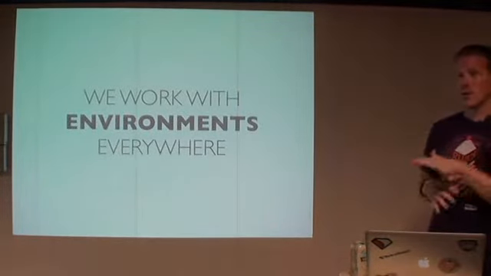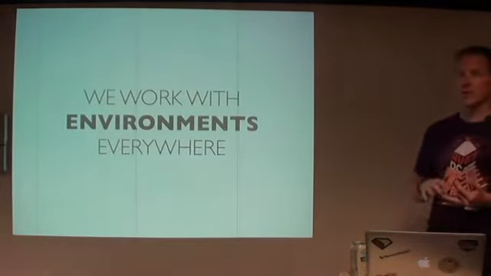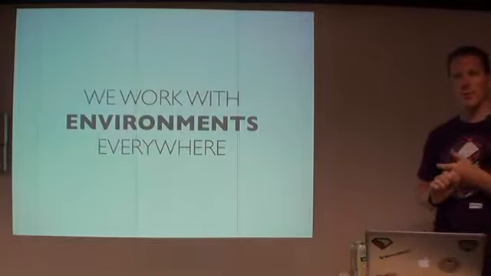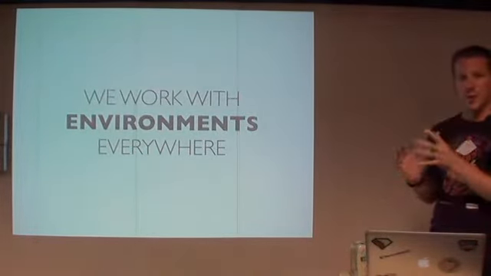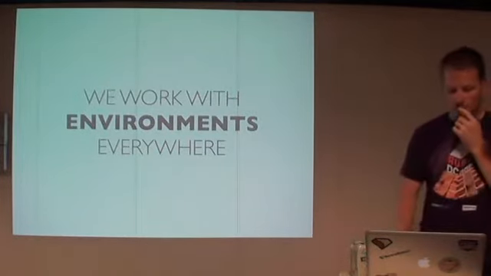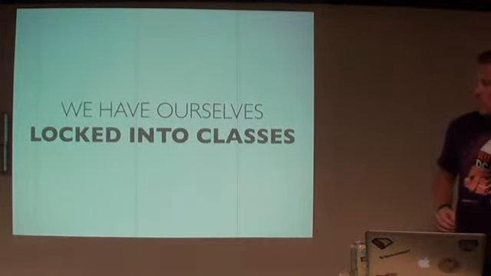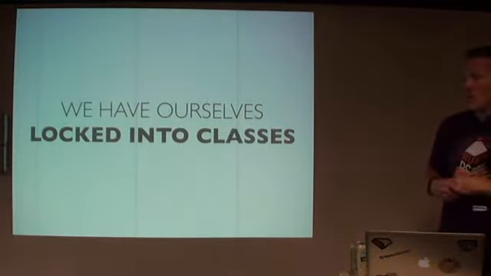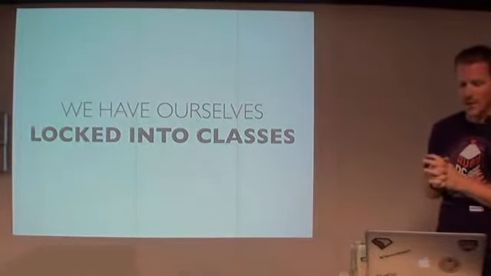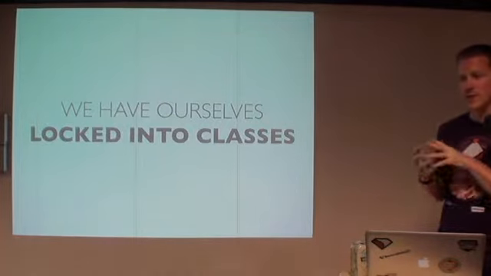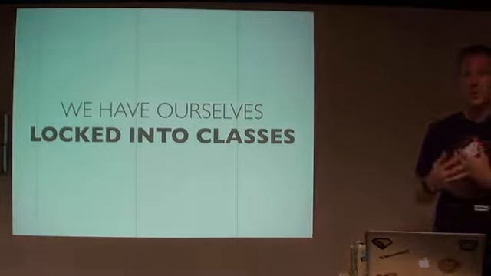This is the point that I want to get across in understanding DCI. We work with environments everywhere. We have our global environment, we have our instance environment, we have our method environment, but we don't have anything that allows us to think about a context of objects, a system of interacting objects. And we've locked ourselves into classes. A context is a very different thing, and when this idea is challenged, people seem to think about class-oriented programming, always going back to classes.